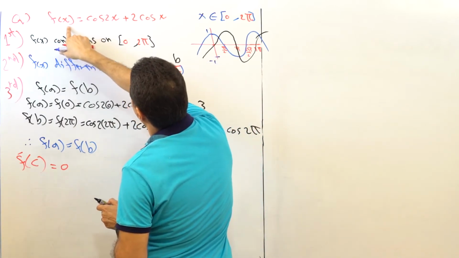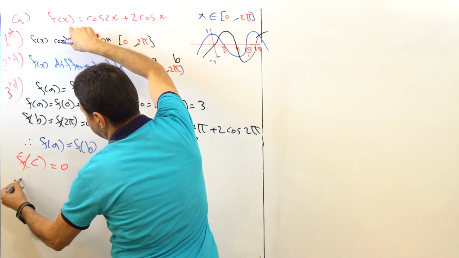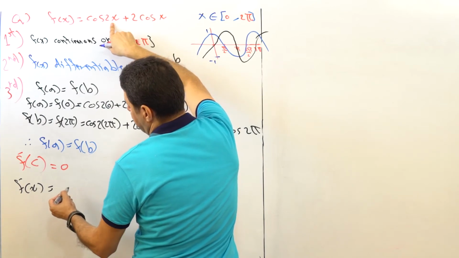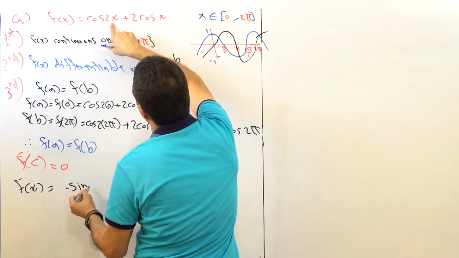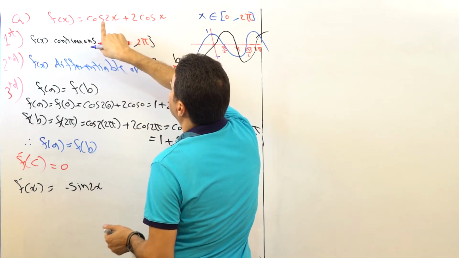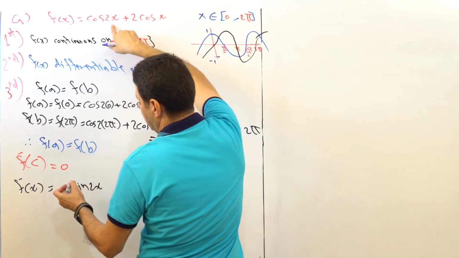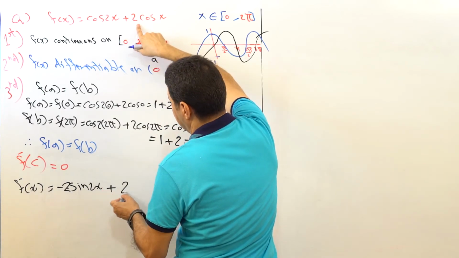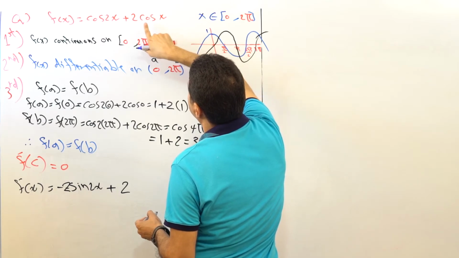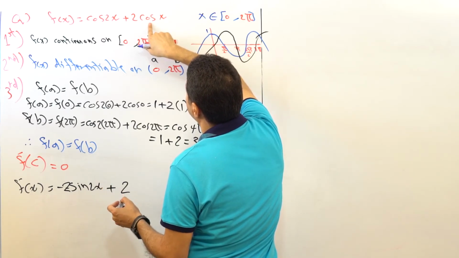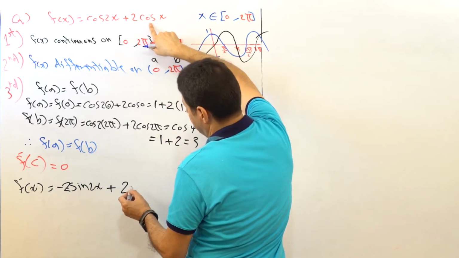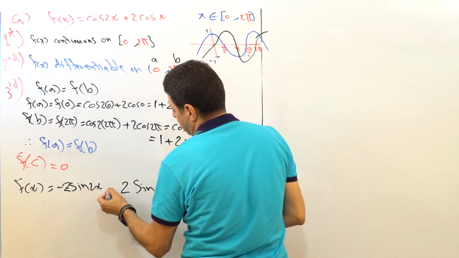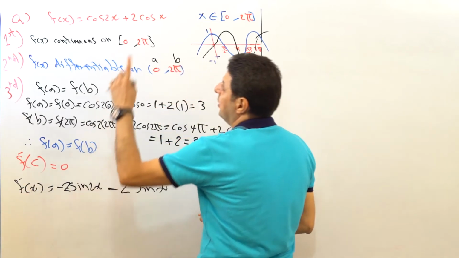The original function is f of x equals cosine 2x plus 2 cosine x. f prime of x equals negative sine 2x times the derivative of the angle 2x, which is 2, so negative 2 sine 2x, plus 2 times the derivative of cosine x, which is negative sine x. That is f prime of the function.